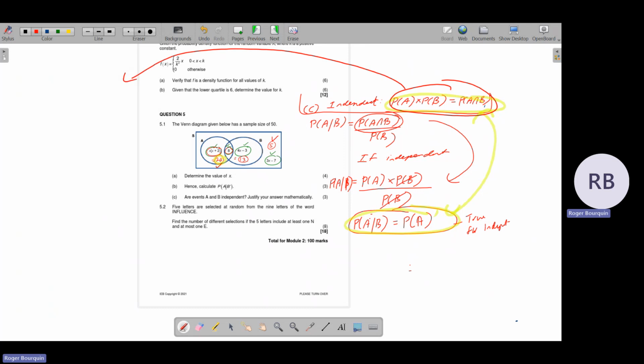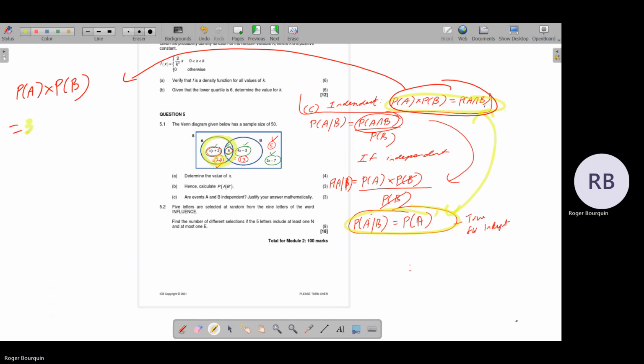Then we're going to say, well, the probability of A times the probability of B. The total in A is going to be 24 plus 8, which is 32. So you'd have 32, there's 50 things. So 32 over 50.